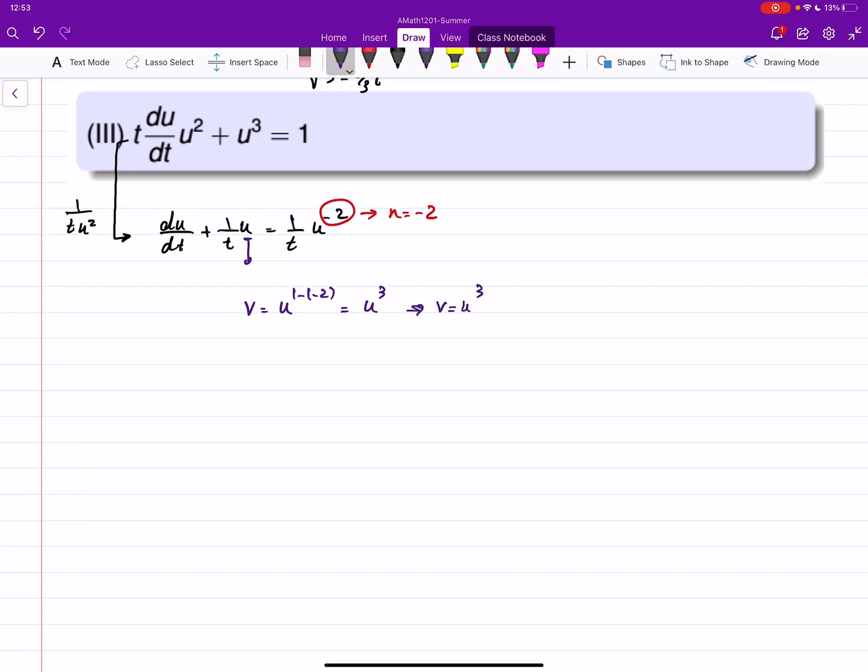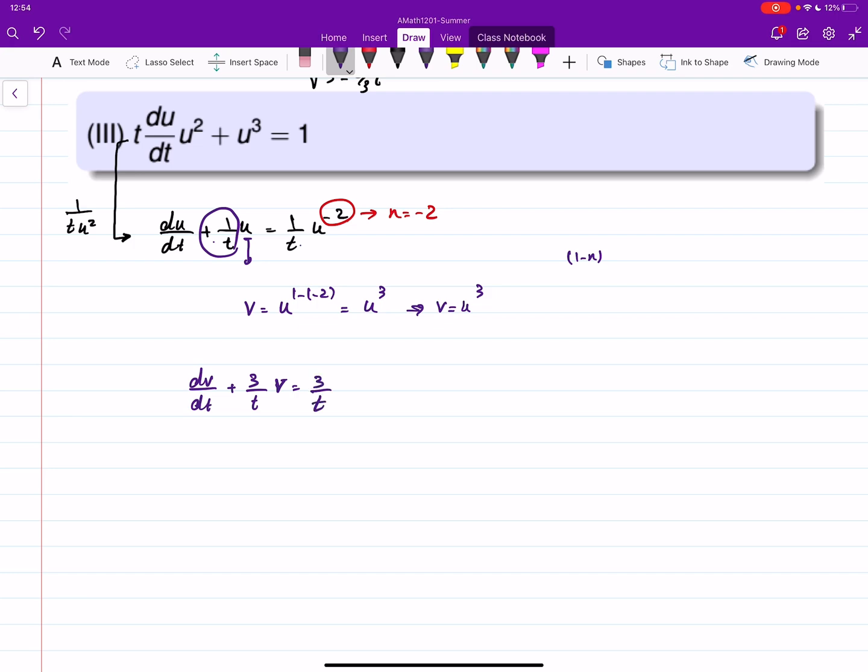Then if you turn your differential equation into one for v, it will be dv/dt plus 3 times the original p, which is 1 over t, times 3. Remember, 1 minus n will be multiplied there. Here it is 3, and it will be multiplied to this one.